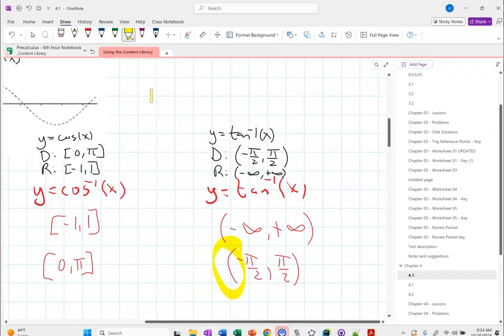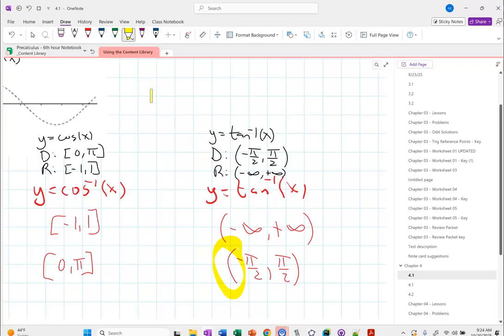Now notice that we have a parenthesis on tangent where we had brackets everywhere else, right? What's the difference between the parenthesis and bracket again? Perfect. Yeah, so the parenthesis means that endpoint, the negative pi over 2, is not included, where the bracket means it is included.